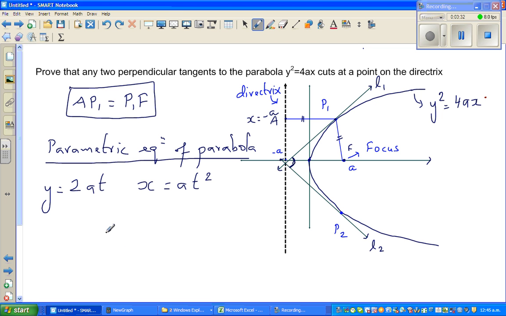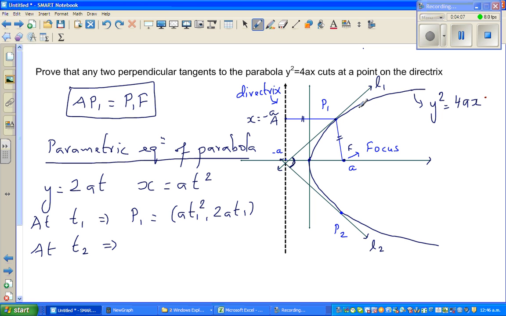So here we can say at time t1, you get the point P1 which has the x coordinate a t1 squared, and y coordinate 2a t1, and at time t2, so imagine a particle moving in the path of the parabola.